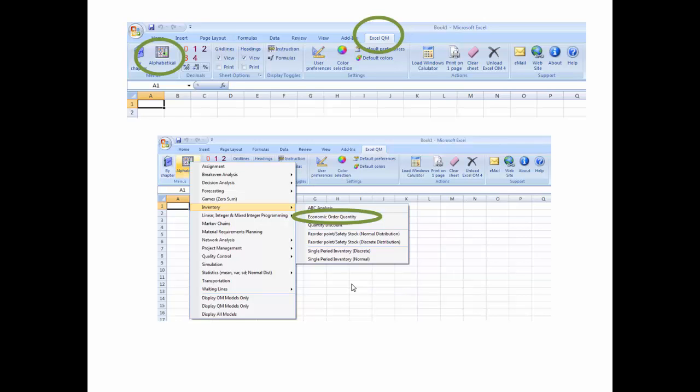Now, we can also do this in QM for Excel. So if we look at our QM, and as you can see here, once you have embedded QM into your Excel, you can go to the QM tab, and once you get to the QM tab, you're going to click on alphabetical. Now, the topic that we're discussing is inventory, and we're discussing the topic of economic order quantity.